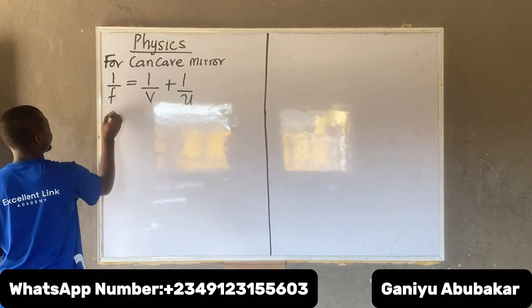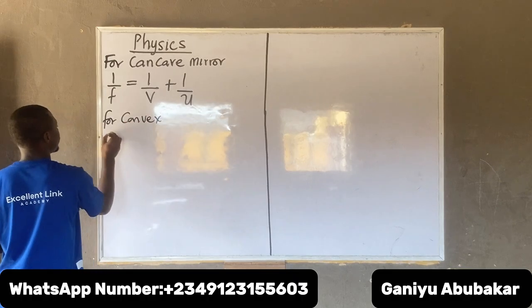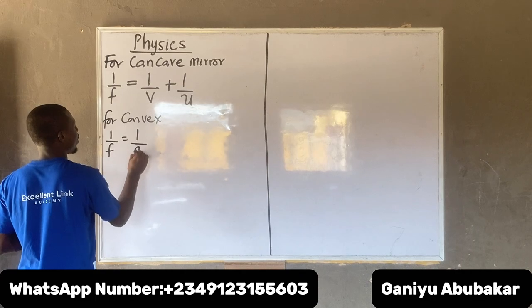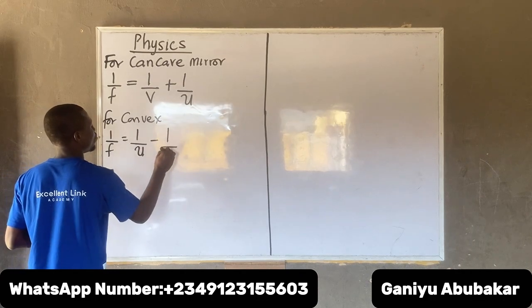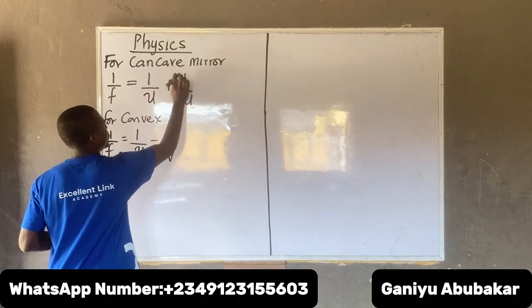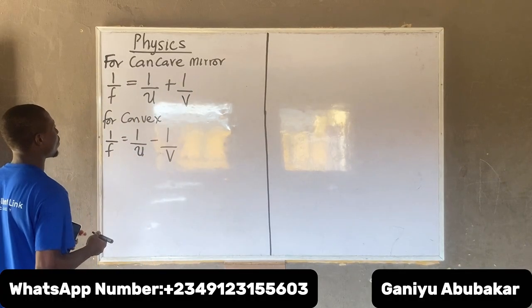For convex, we said 1 over f is equal to 1 over u minus 1 over v. Better still, let's put u first before v. Let's follow this pattern. So I have this concave and convex.